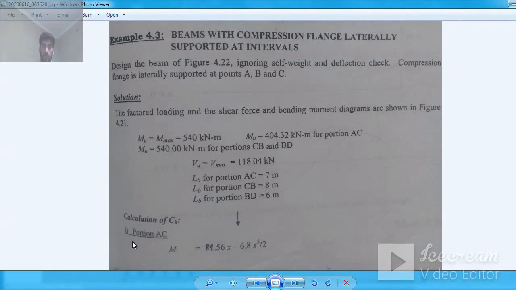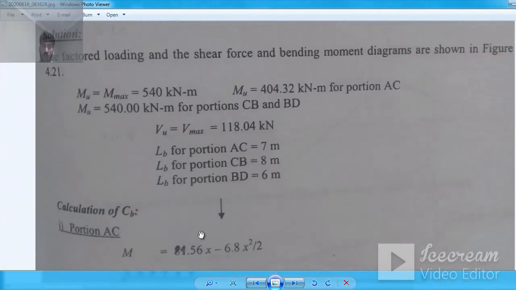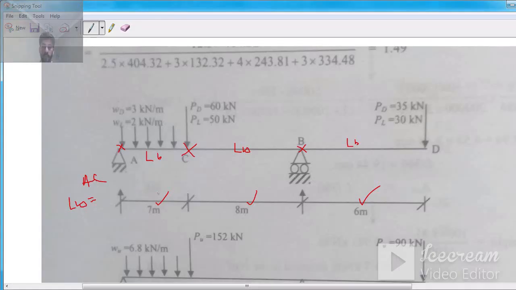Now they're considering the portion AC, and same as we did in the example in lecture number 3 to 4, we have to write down a moment equation. How can we write a moment equation? This is a simple procedure. You just assume a section, and this section will be at a distance of x.